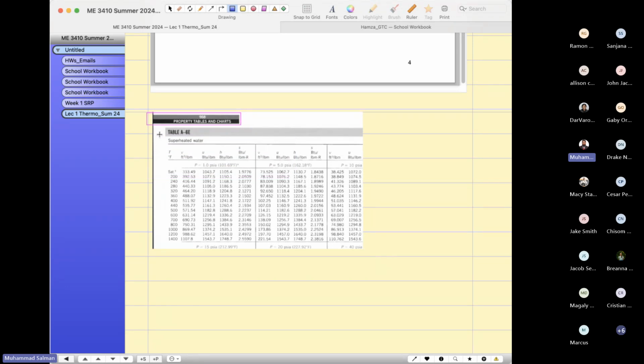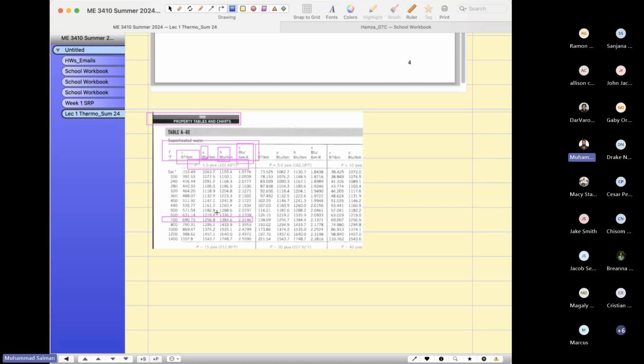Suppose I give you a question: find out the property of superheated water. You need this table to find these properties, for example internal energy, enthalpy, entropy, specific volume. And if I ask you what is the internal energy of water at 1 psi absolute and 700 Fahrenheit.